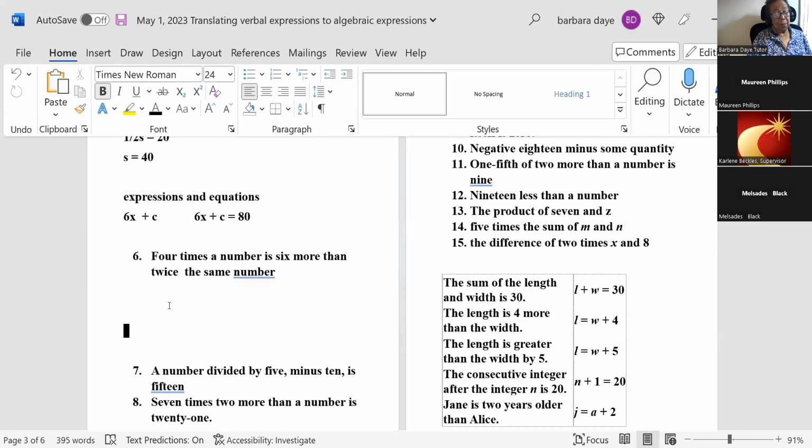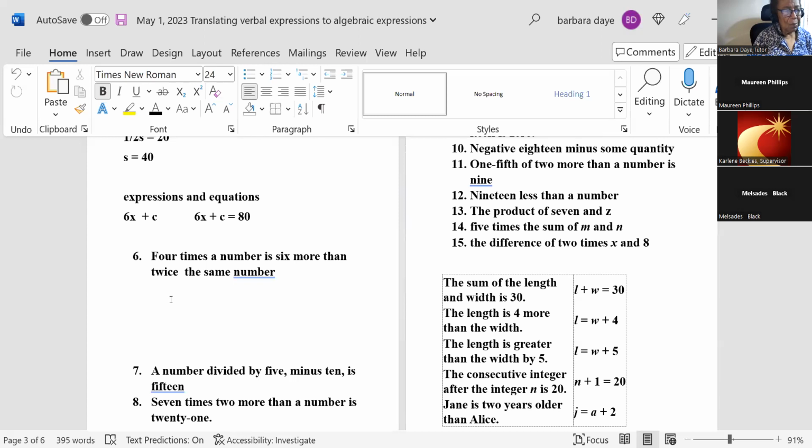When I say operation, it's got to be addition, subtraction, multiplication, or division. When you see 4 times, that's multiplication. And what does a number represent?